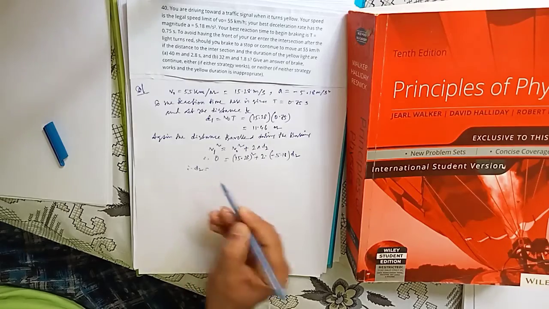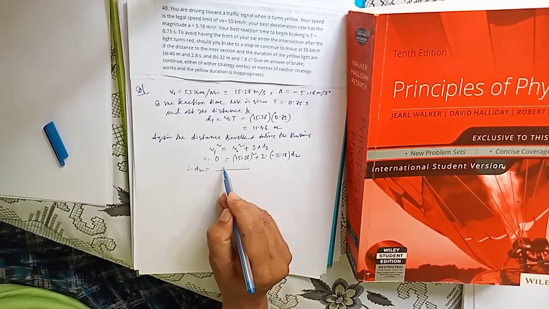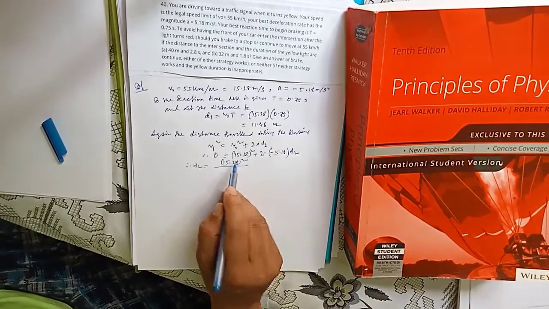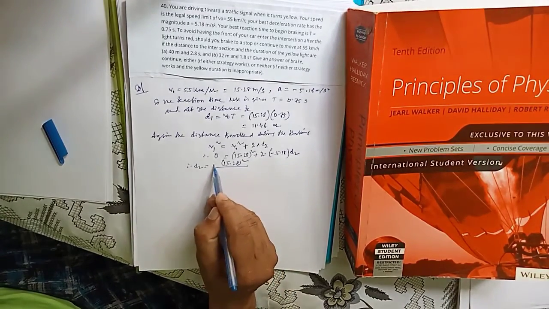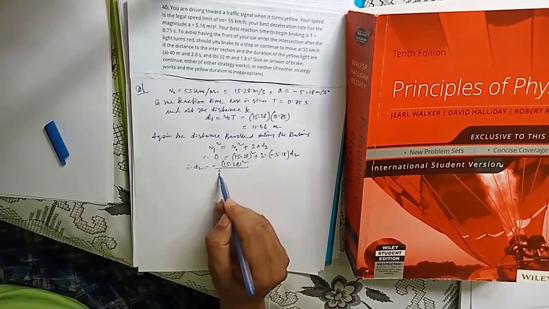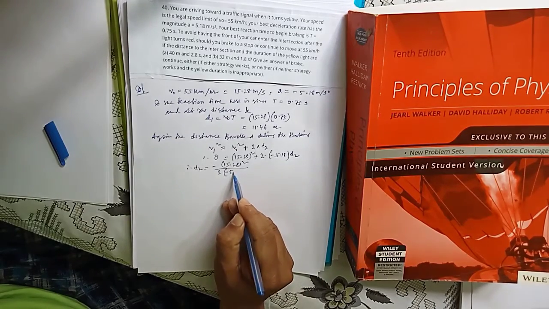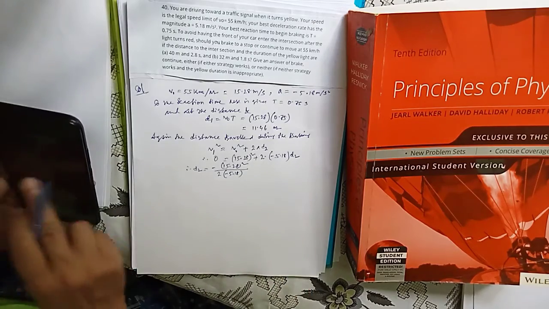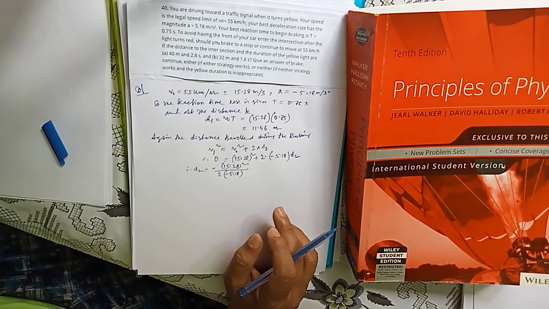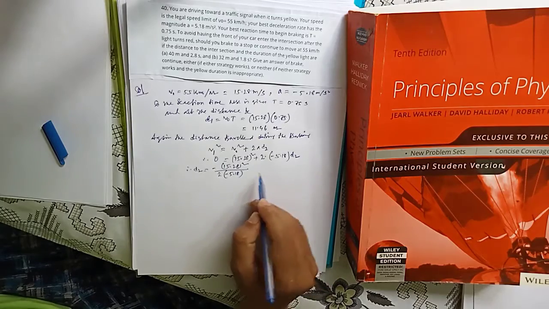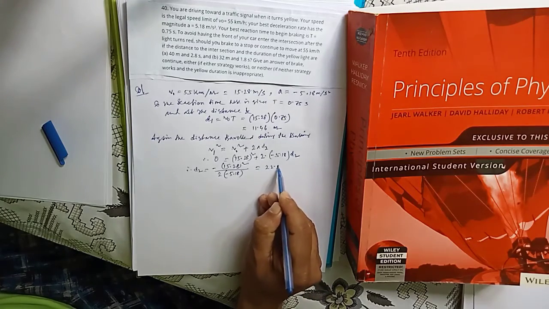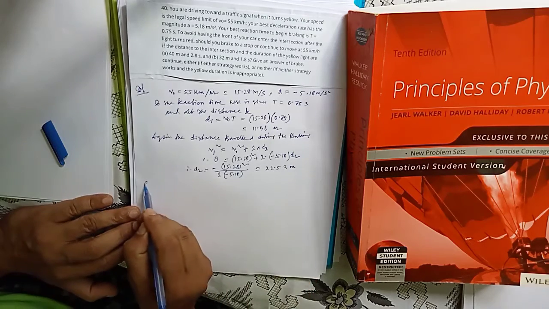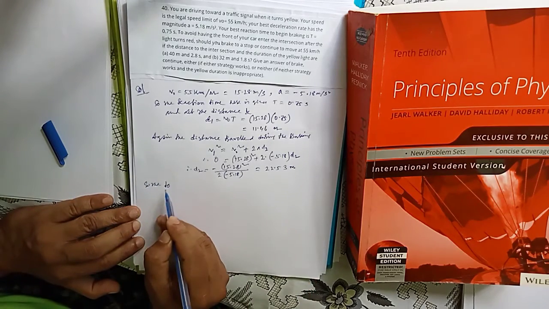Therefore d2 is equal to 15.28 whole square over minus 2 into minus 5.18. Using the calculator, it will be 22.53 meter.